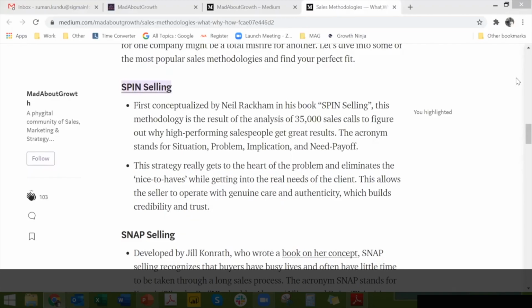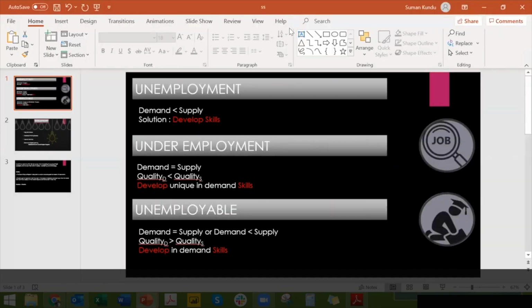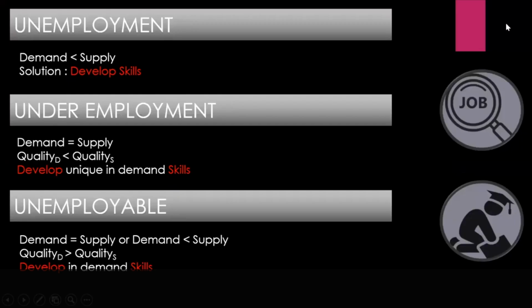This is a classic problem in the modern day world where we see unemployment, underemployment, or unemployable as a reply. So let's see this in detail. Unemployment is a scenario where there is excess of supply.